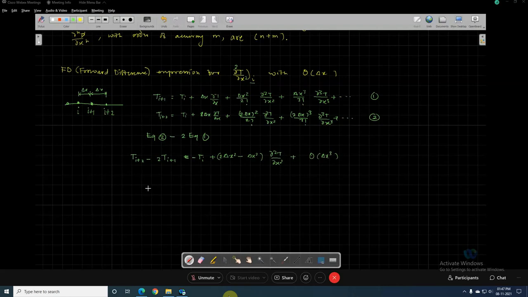And here, this is minus Ti plus delta x, 4 delta x square minus 2 delta x square, right? Above step, 4. So this will be 2. So this 2 factorial is there. Okay. Yes.